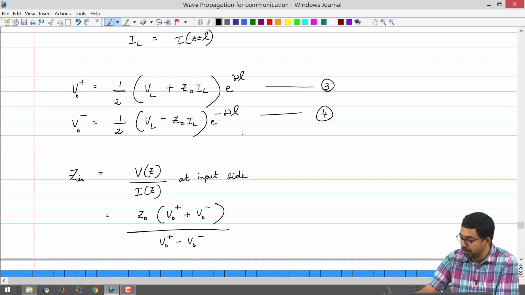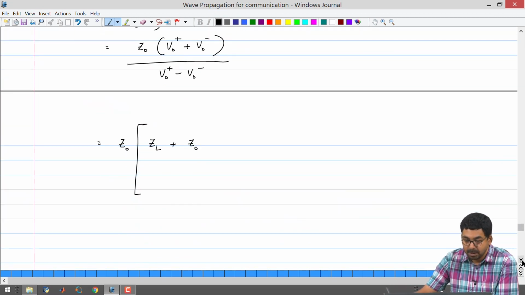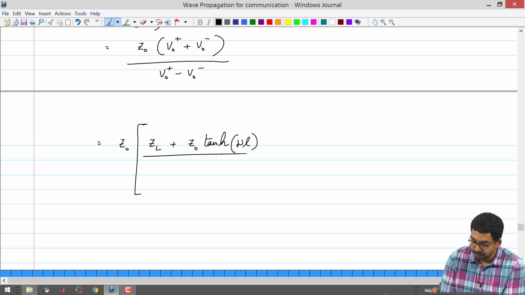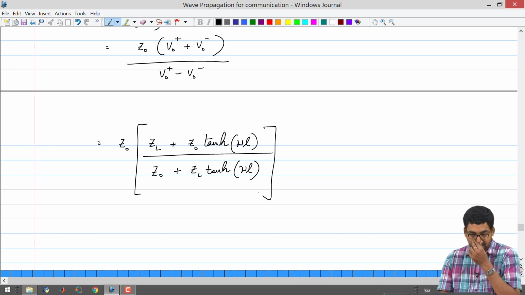That makes it a little bit more elaborate, that is it. So, Z naught tanh gamma l divided by Z naught plus Z L.